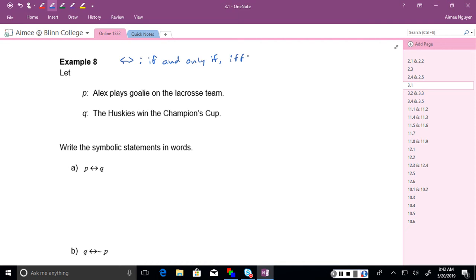So again, make sure you're careful with order, and then make sure that you look for any negations, parentheses, things like that. So the first one says to write the symbolic statements in words, and it has the P and then the biconditional, double arrow, and Q. And so this one would say P is Alex, right? So we're going to say Alex plays goalie on the lacrosse team.